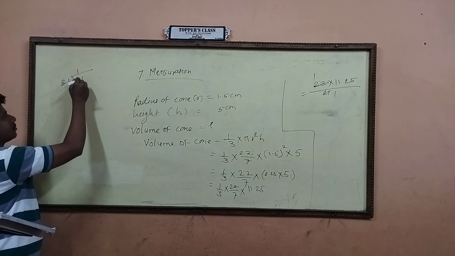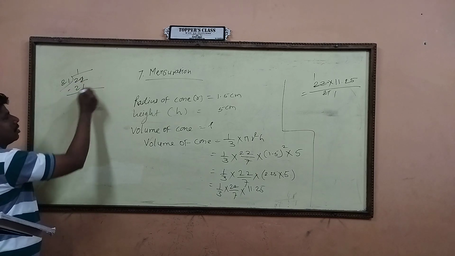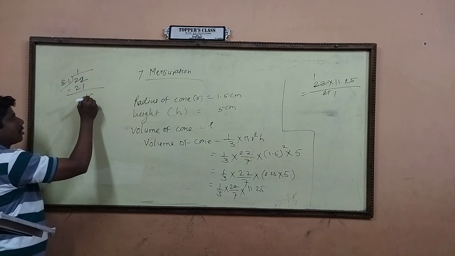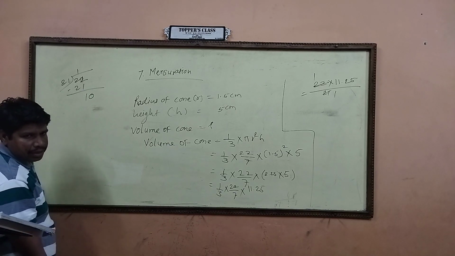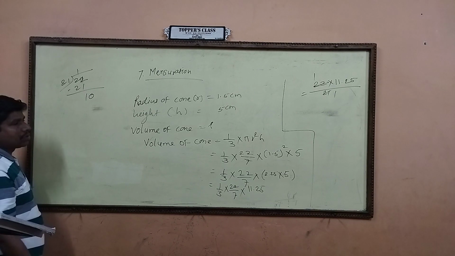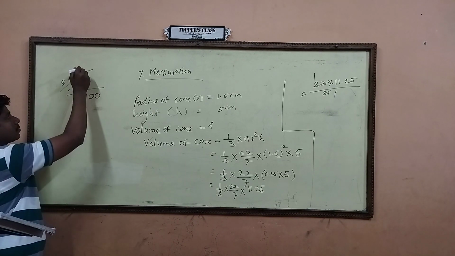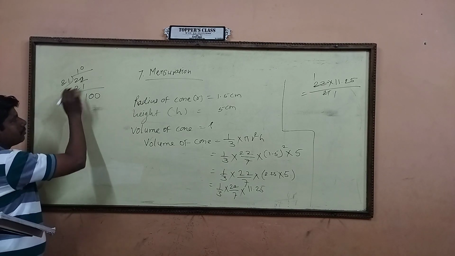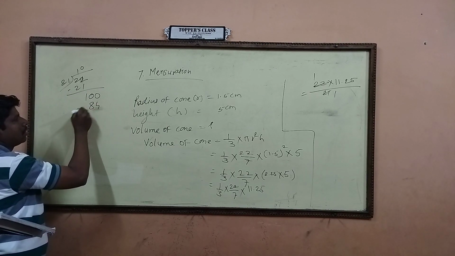Again we take 10, write 0, and 21 fours are 84.